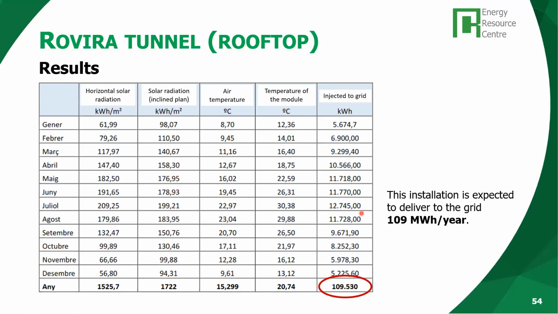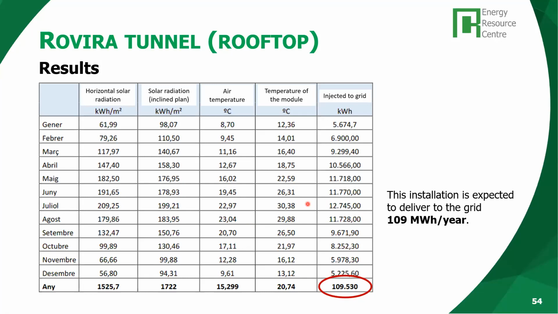Exactly. So in practical terms, we need to make sure that in the summertime, when we have high levels of radiation and higher temperatures, we think of a design and mounting solution that can keep our modules as cool as possible.